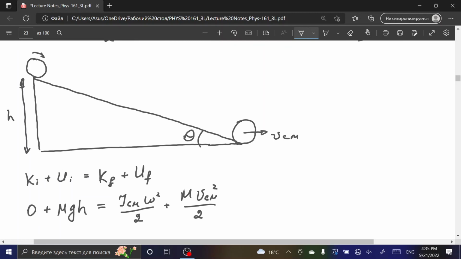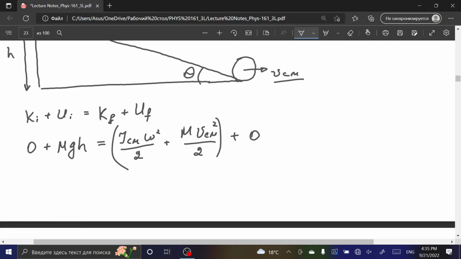So we have it, keep it like this, plus 0 because there is no potential energy at the end. So our goal is to get the expression for the velocity of center of mass. In our equation, we can write: total mass times g times h is equal to I center of mass omega square divided by 2 plus m v center of mass square divided by 2.